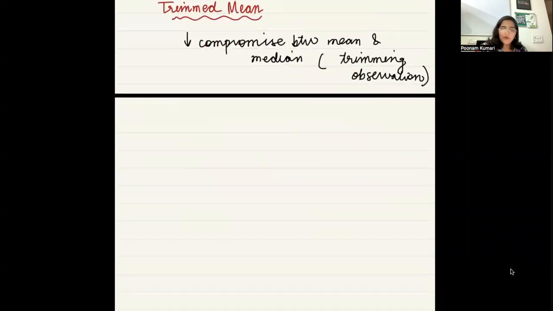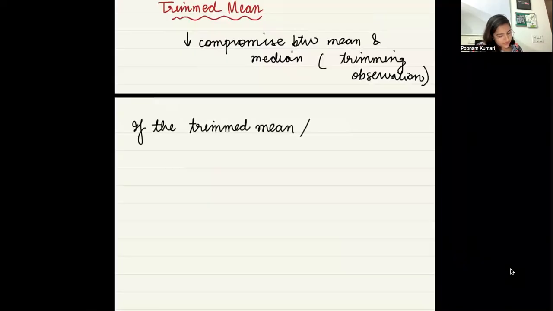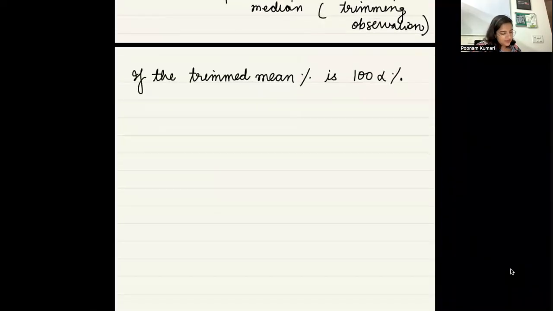So how do you find trimmed means? That is the objective now. If somebody says you have to find the trimmed mean at 100 alpha percent, let me rather use an example first.